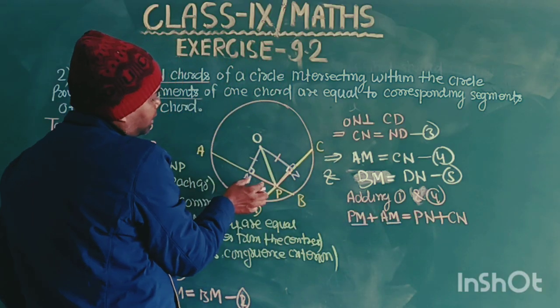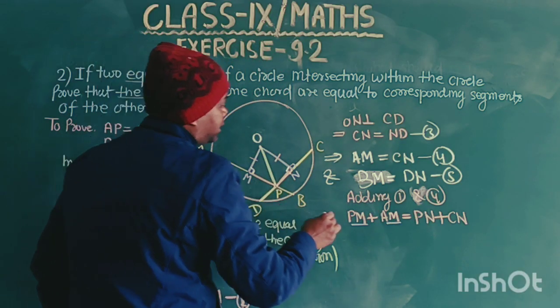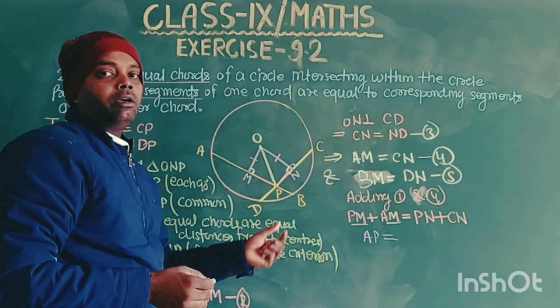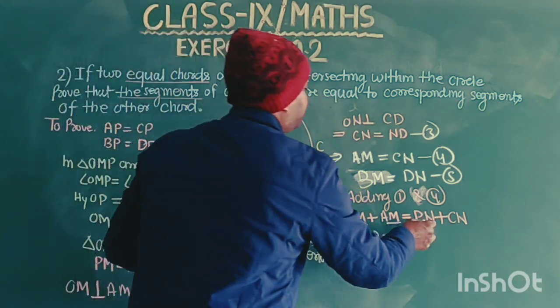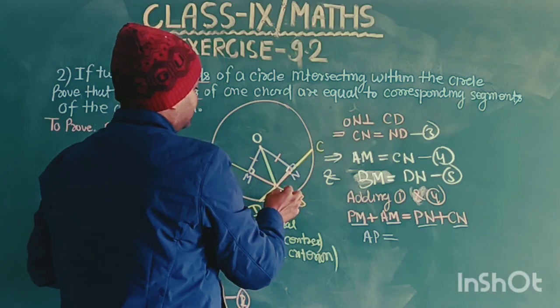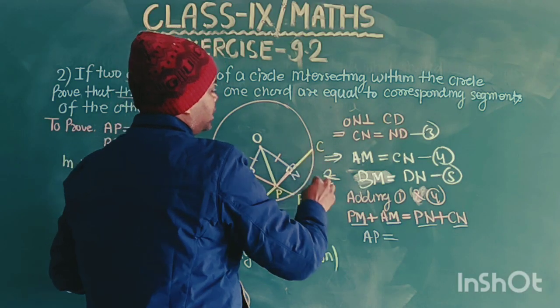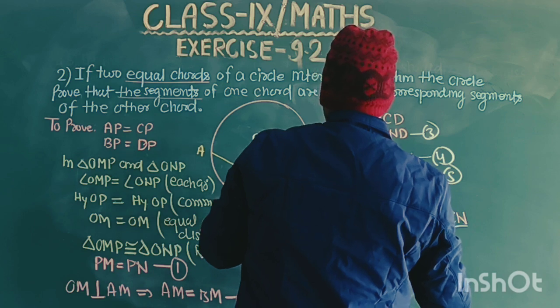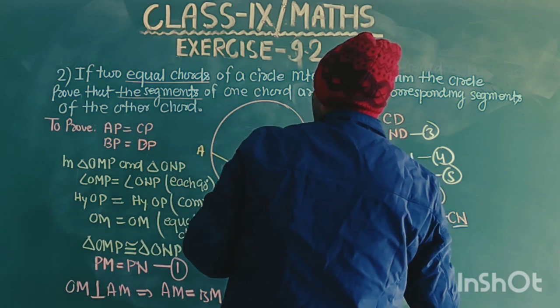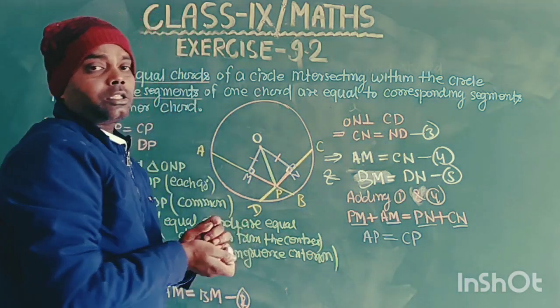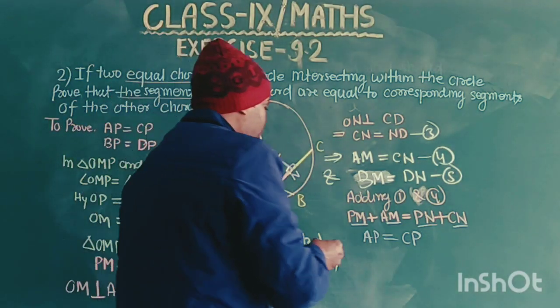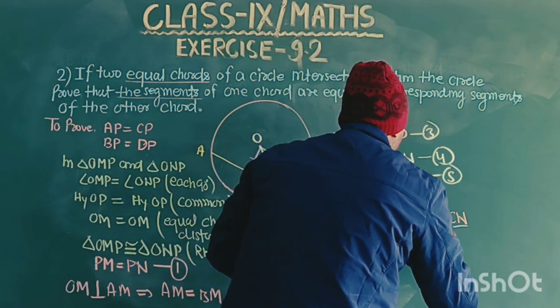Check here PM and AM, we will get AP, and similarly on the right side PN and CN, we will get CP. So the first target is to prove AP equal to CP, and we have proved here AP equal to CP.